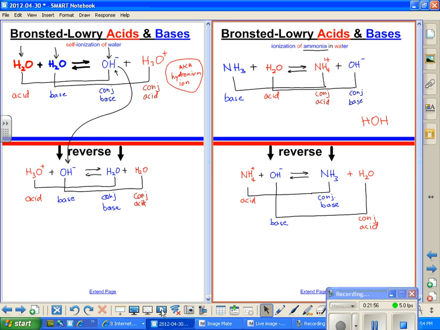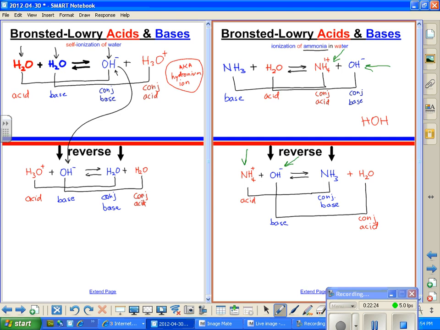When we go the opposite direction, water becomes the base. What's left of the water is the hydroxide ion. So the hydroxide ion that we saw on the right side at the top of the frame is now sitting here, and this one is now sitting here. As such, they lose the conjugate designation, and now they are just straight acid and base.